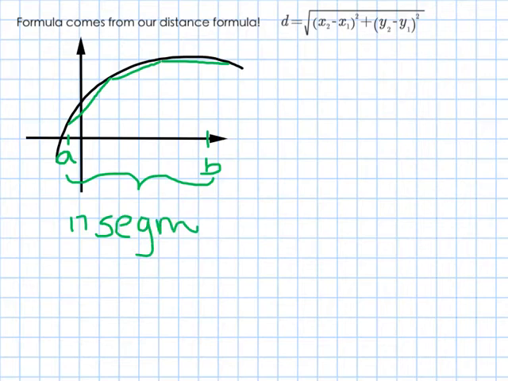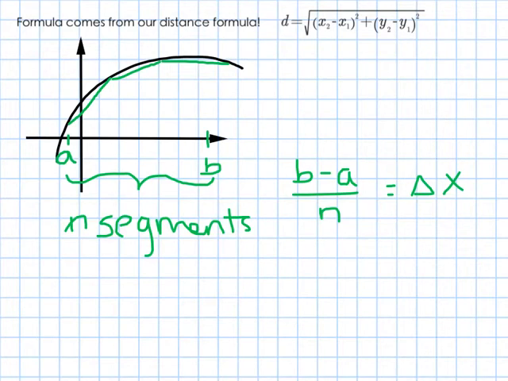This should sound like area and volume. Then each little subinterval would be b minus a over n, and if you remember, we were calling that delta x. So the length of each little interval is delta x, but that's also the difference between my x values.